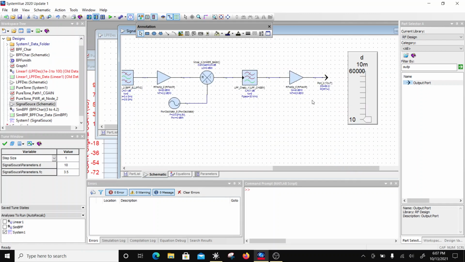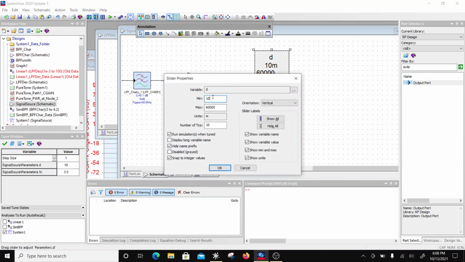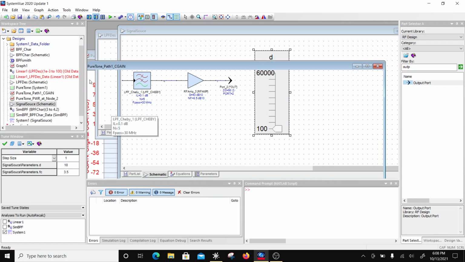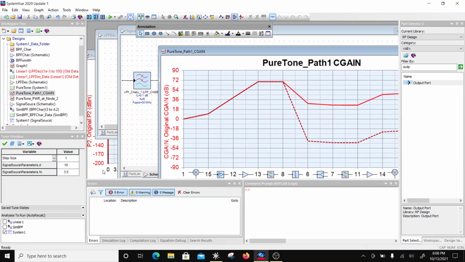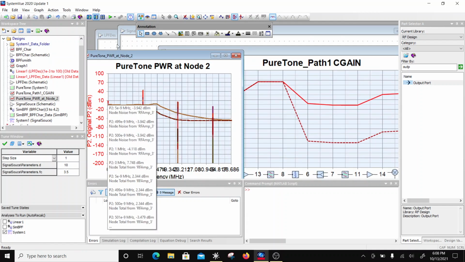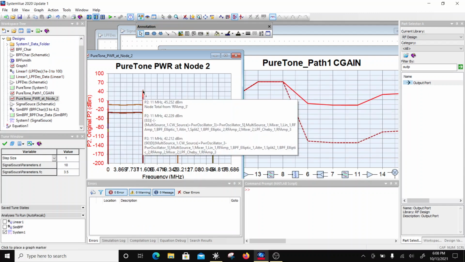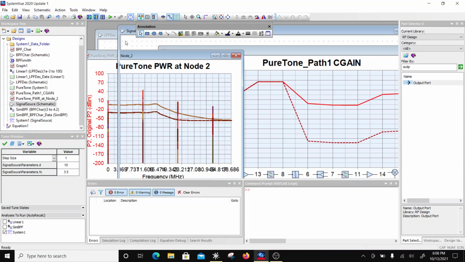So let's go ahead and put realistic distance here. Let's say 100 meters. Okay, and let's look at these numbers. Why is it not doing it?